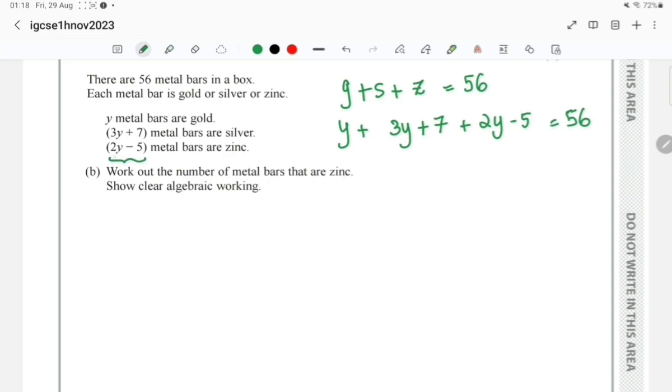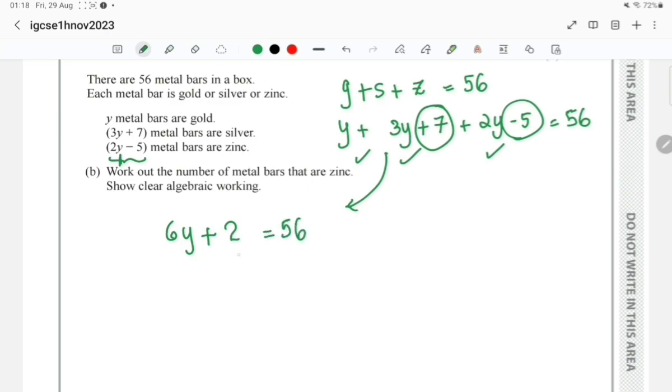I need 2y minus 5, so I need y to substitute here. Let's solve this equation to get y. y plus 3y plus 2y gives me 6y, plus 7 minus 5, which is plus 2, equal to 56. 6y equals 54, so y equals 54 divided by 6, which is 9.